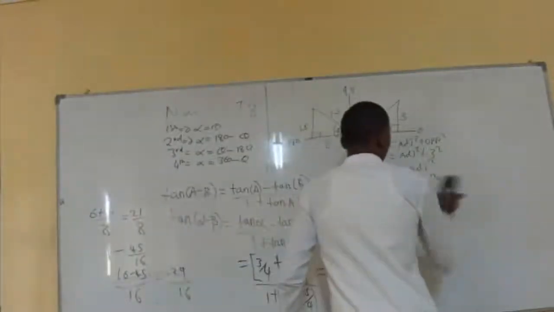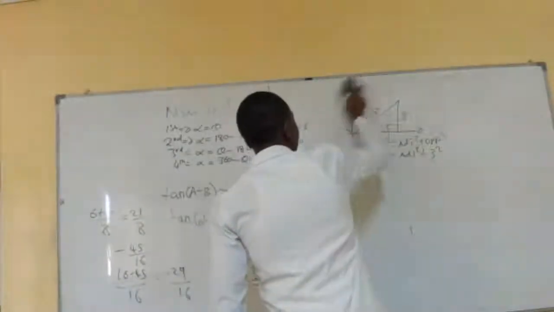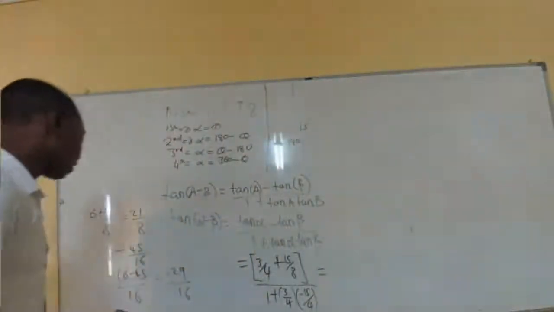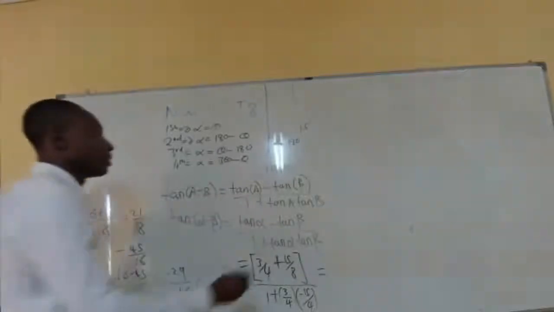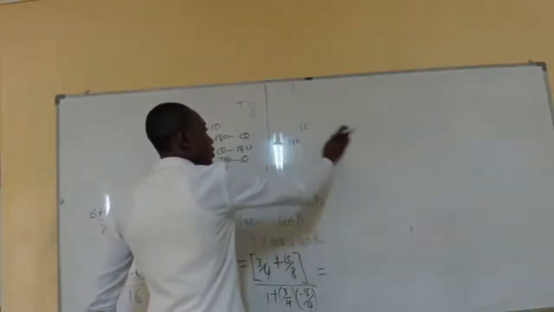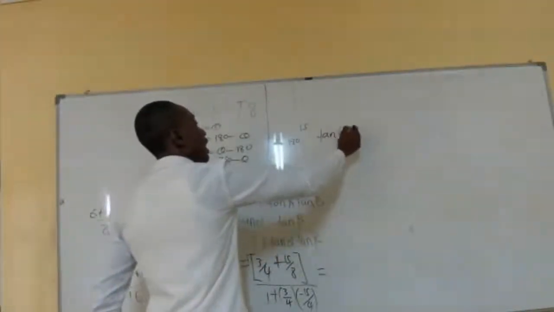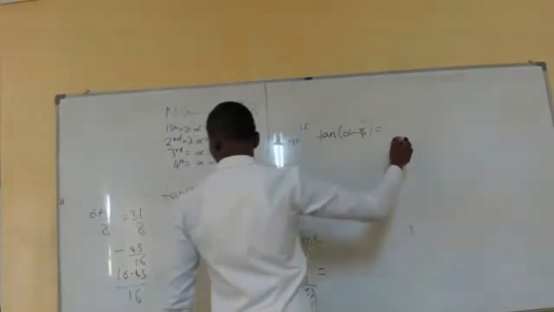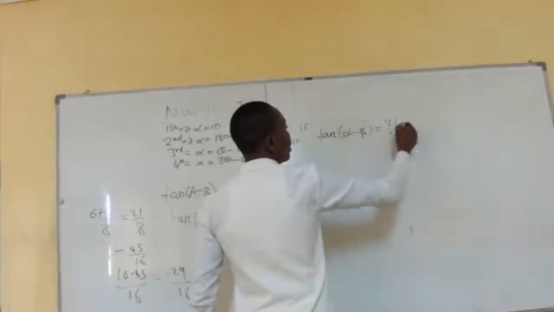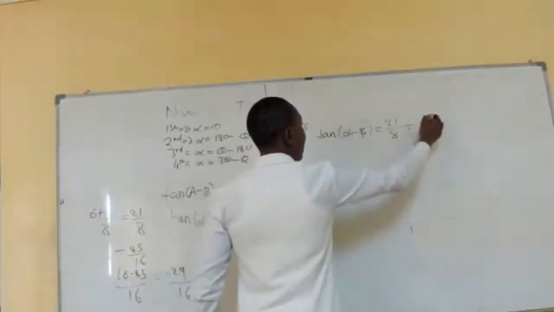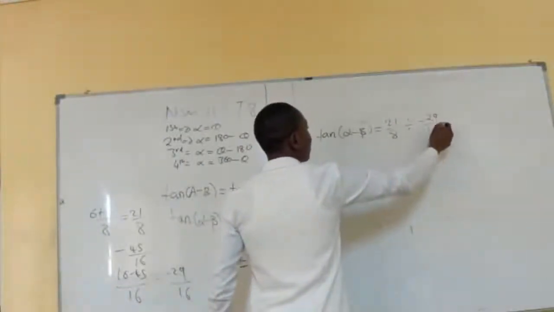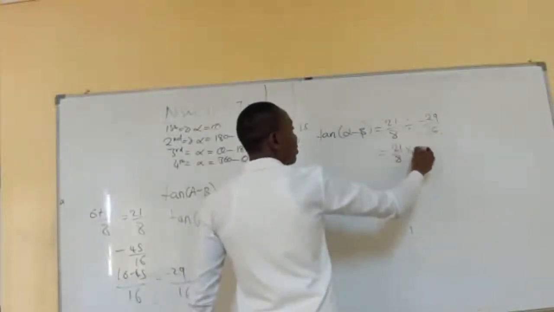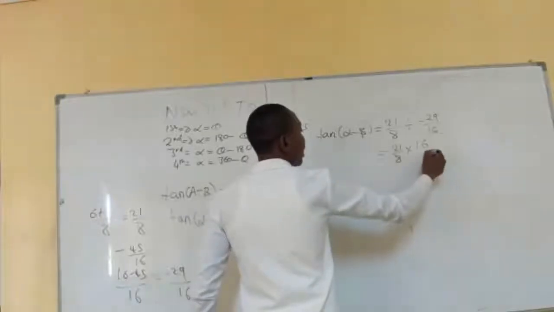So basically speaking, our final answer ends up being 21. So we're saying tan alpha minus beta is actually going to be 21 over 8 divided by negative 29 over 16. Then you have a flip, so you have 21 over 8 multiplied by 16 over negative 29.